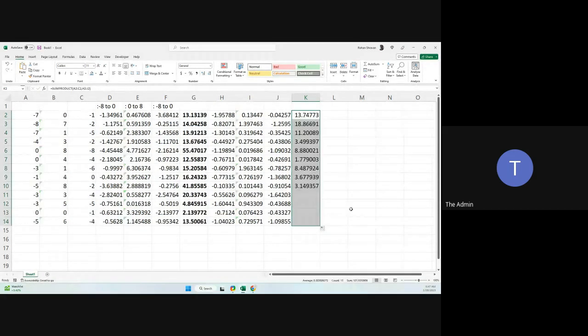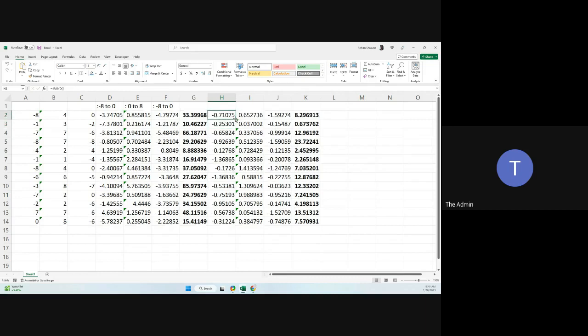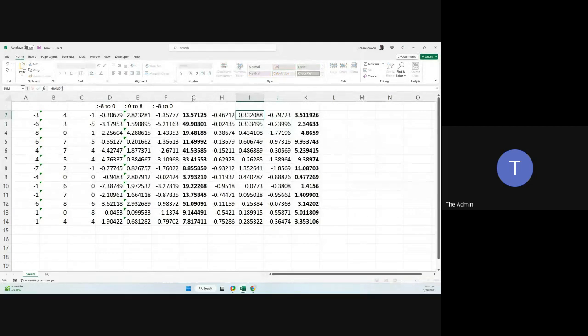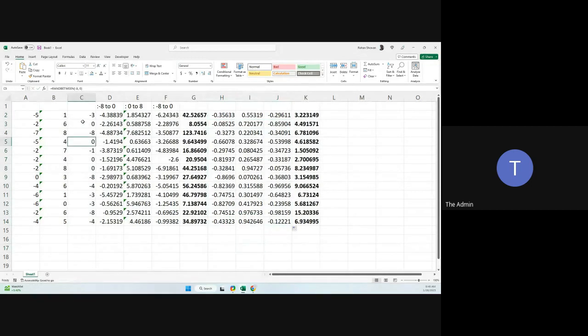And then we have the values here. Okay, we should not have 0 here.